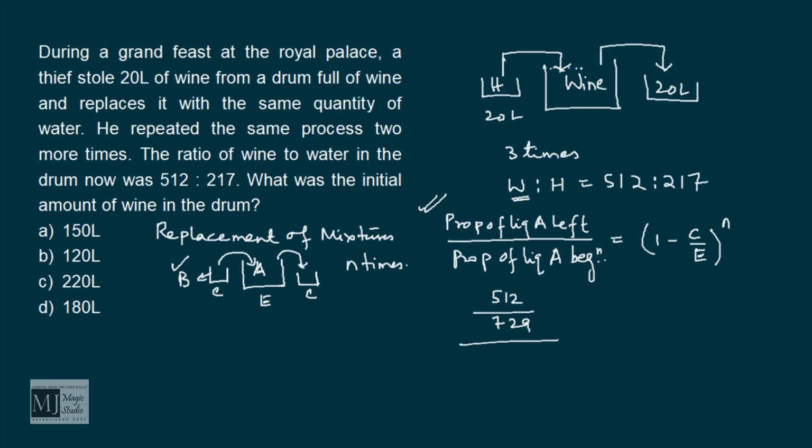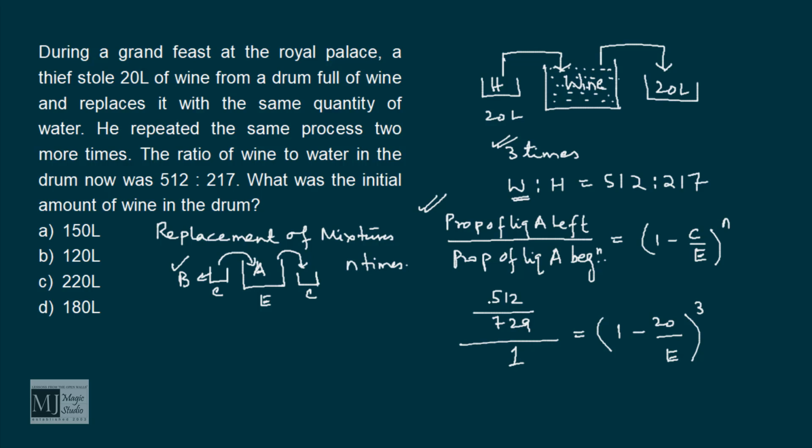Initially it was only wine in the jar, so the proportion of wine in wine is how much? 1 equals (1 minus C by E) to the power n, where the small container size C is 20 liters, E is the big container size which we are looking for, and n is the number of times this process has been repeated, that is 3.